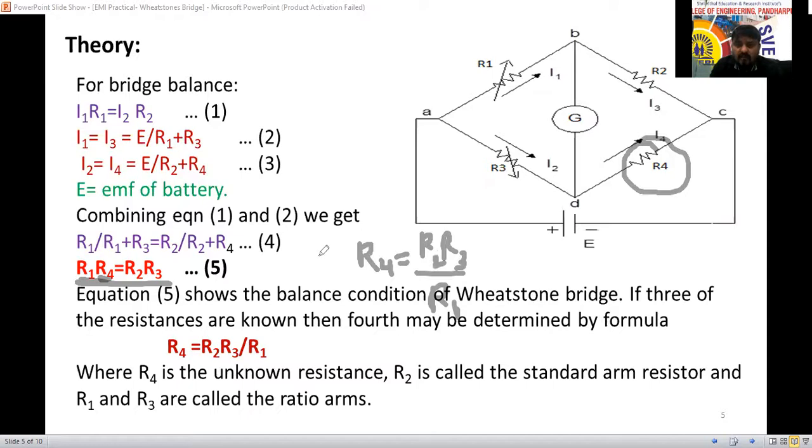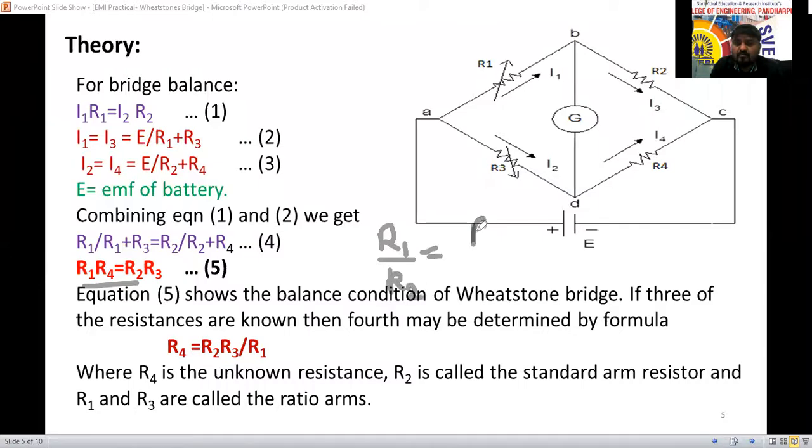So under the balanced condition, R1 and R4 are both opposite resistances, and their multiplication equals R2 and R3. We can remember like this, or you can remember the formula like this also: R1 by R2 equal to R3 by R4.